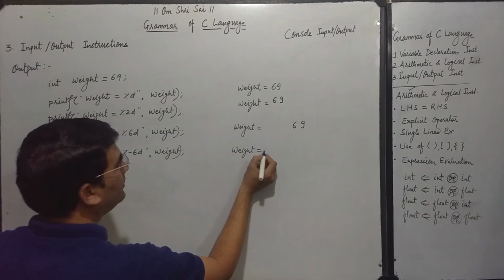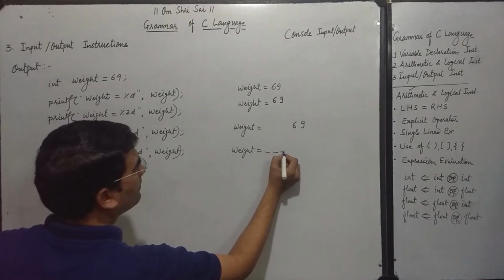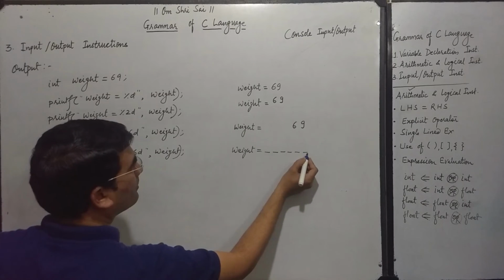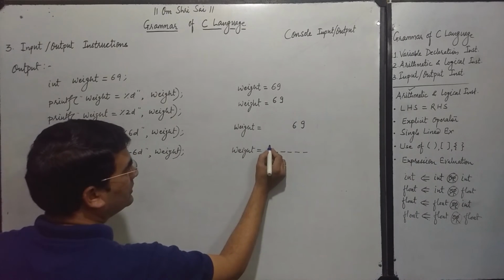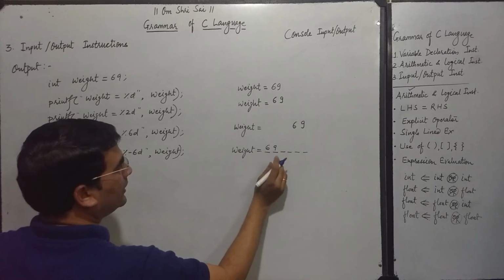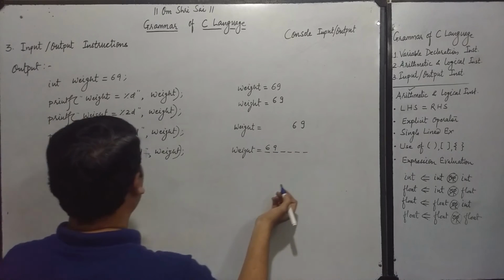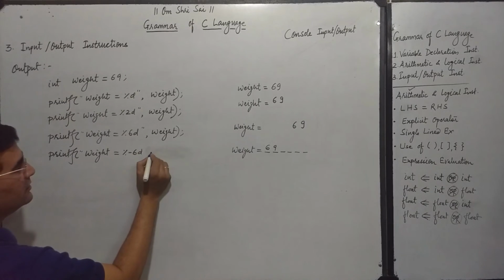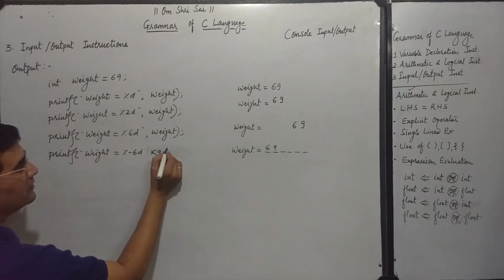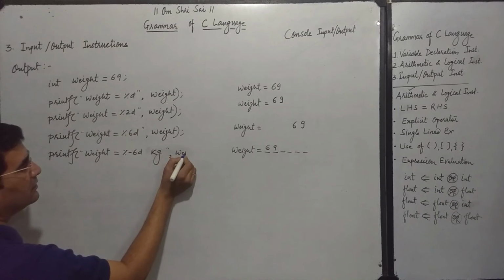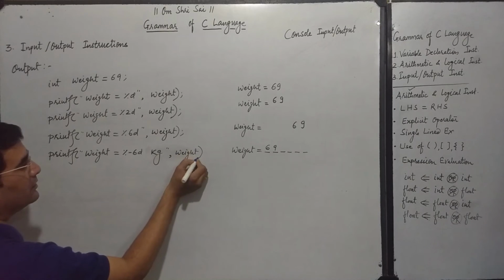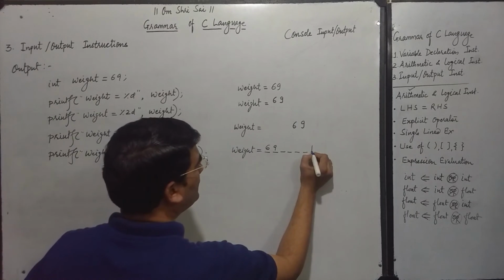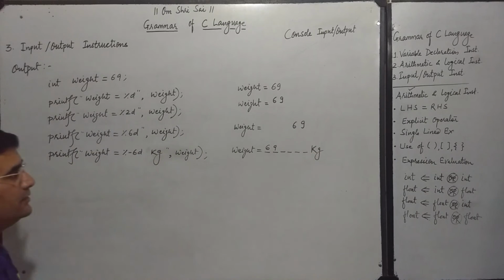The output will be, this will be the 69, and to put a difference between, if I write kg, then output will be, after that the kg will be displayed.